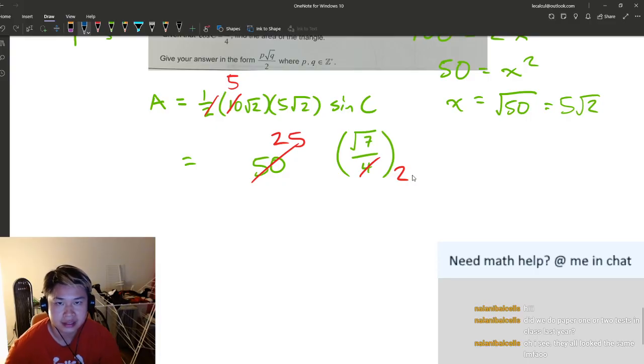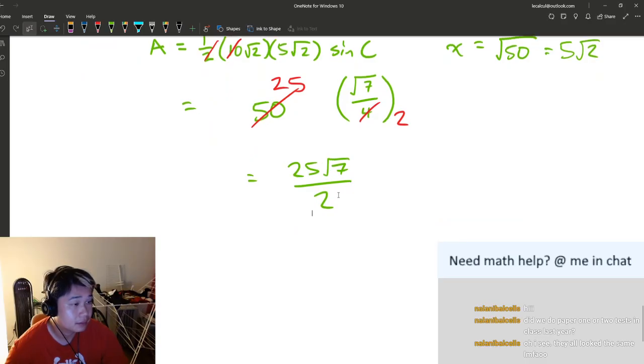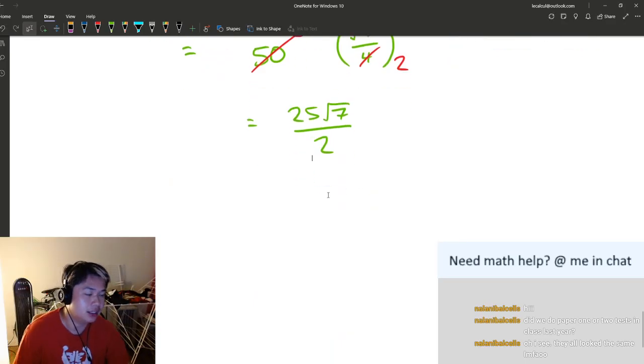So your final answer in the format that they want is 25 root 7 over 2. Like this. Yeah, okay, that one was a little trickier.